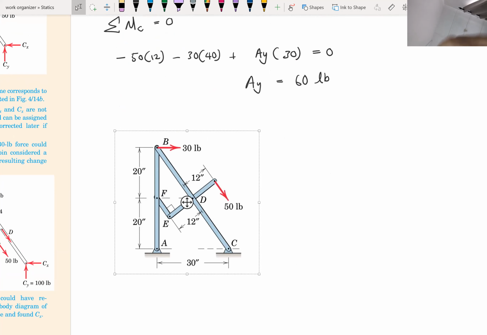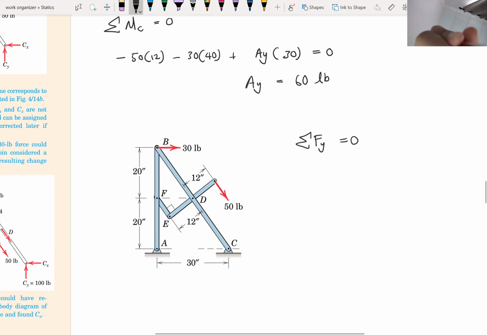And then we compute the summation of force vertical, equal to 0. We label the forces again.